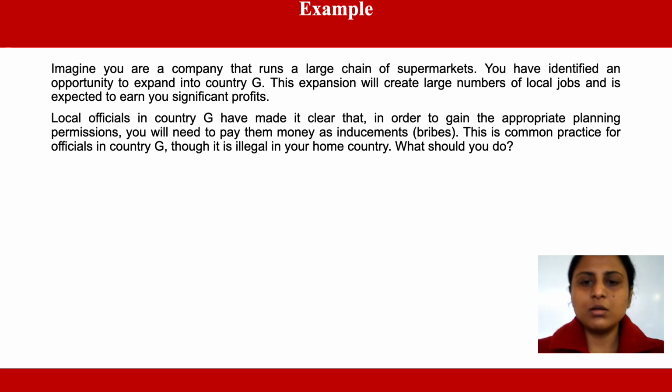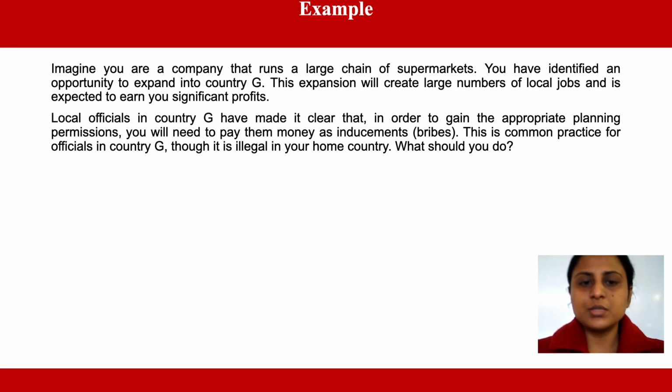So all in all, under the pluralist approach, everyone benefits from paying the bribe. Now the relativist approach would look at the context of the decision to pay the bribe. In this case, bribery is common in country X, so we can be flexible with our approach and may consider paying the bribe.